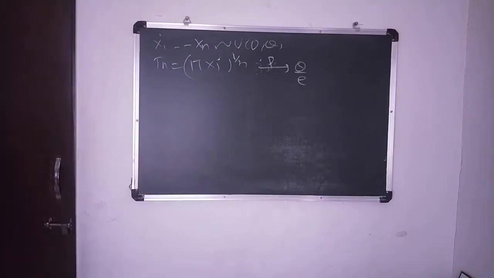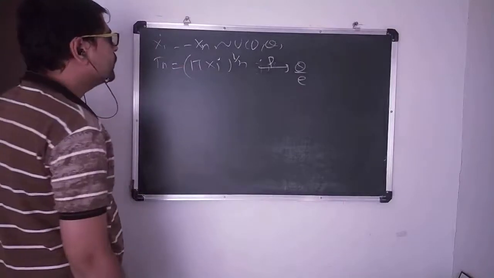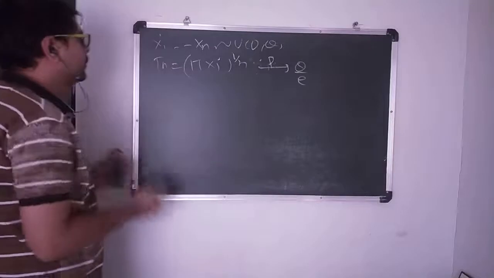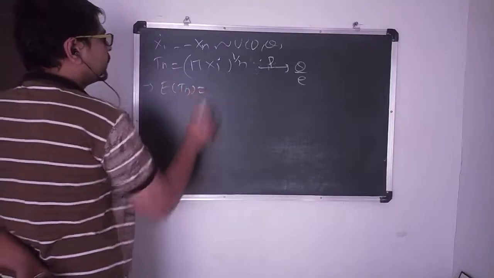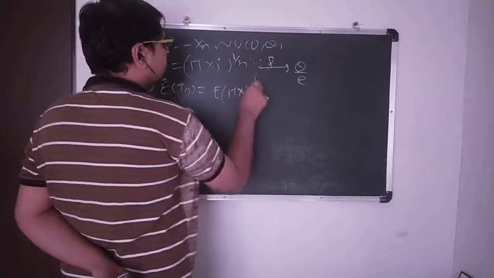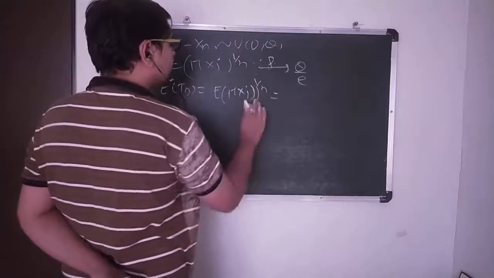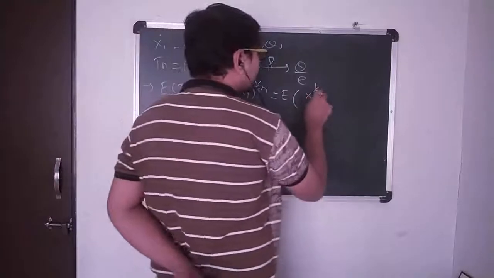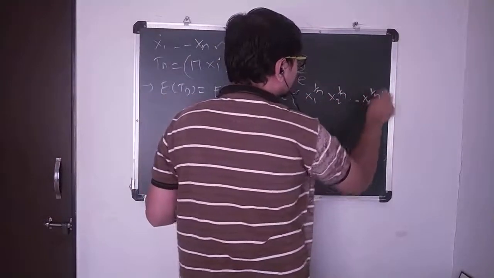So what we have? We have to check its expectation and its variance, and then we can prove it. So consider expected value of Tn, that is expected value of product xi raised to 1 upon n, which is nothing but expected value of x1 raised to 1 upon n, x2 raised to 1 upon n, ..., xn raised to 1 upon n.